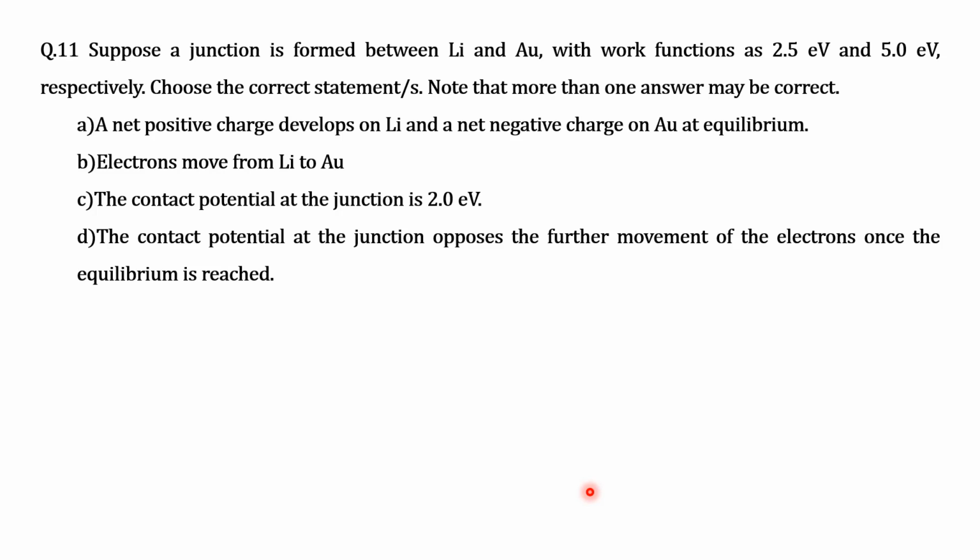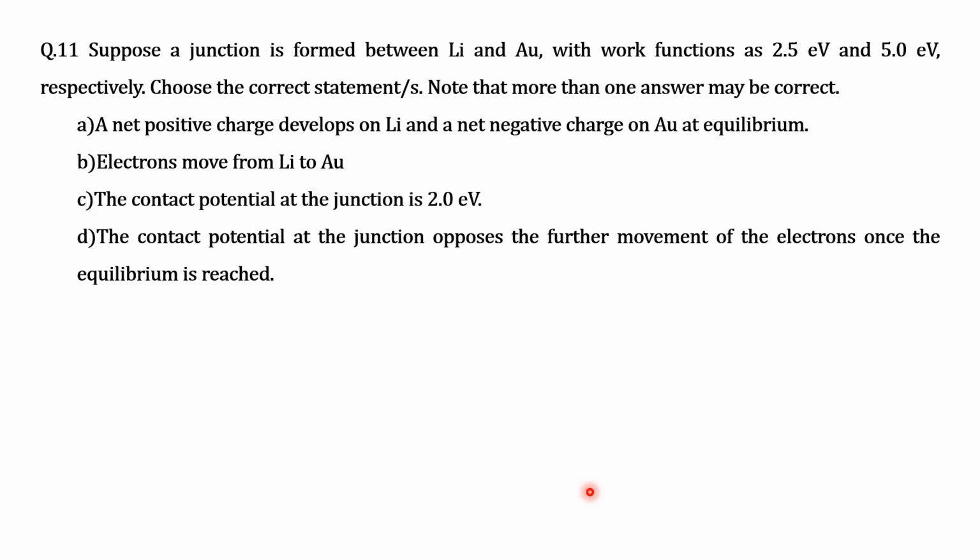The contact potential at the junction is 2 electron volt. That won't be the case. Even if it were, it should be 2.5 electron volt, because the contact potential would be the difference between the two. Hence, 2 electron volt is not correct. C is not the correct option. The contact potential at the junction opposes further movement of electrons once equilibrium is reached. That is a known fact when such junctions are formed.